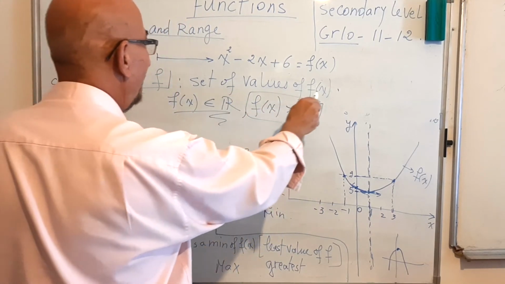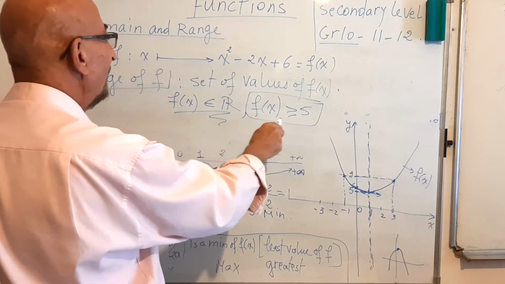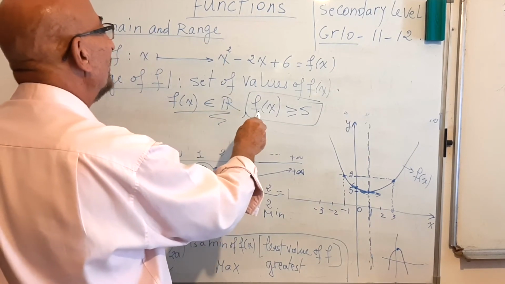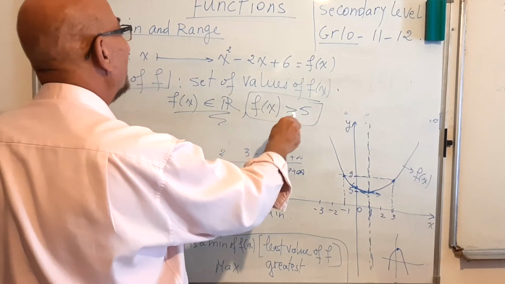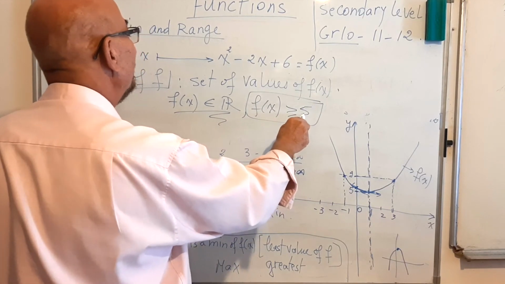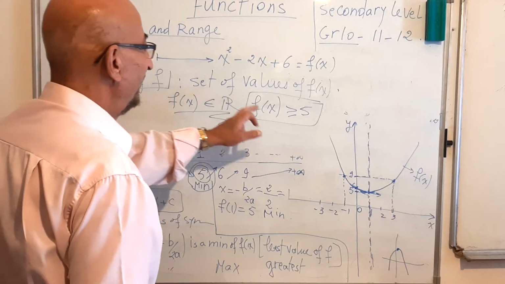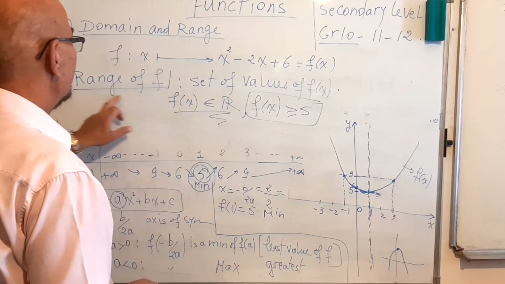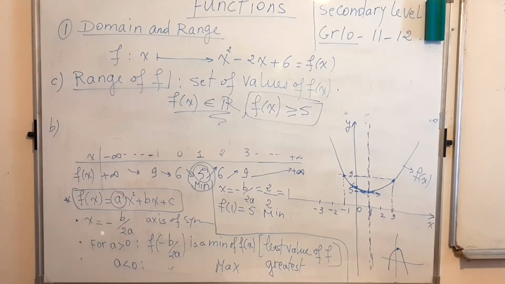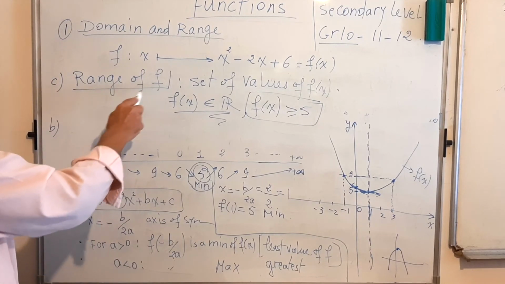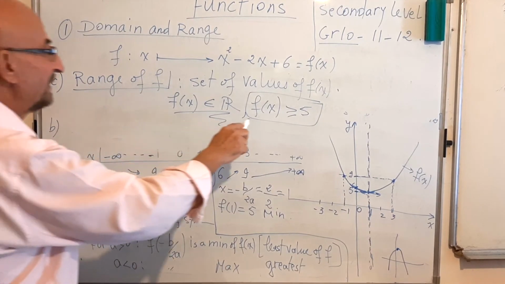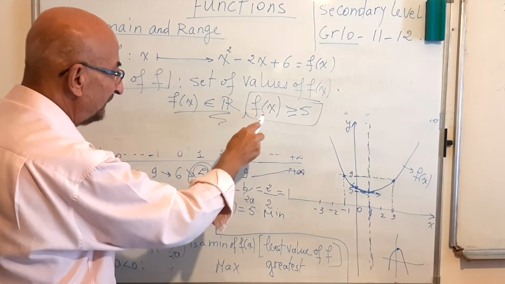So the set of values of f of x, those greater or equal to 5, is the range of f. The range of the function f is the set of values of f of x.